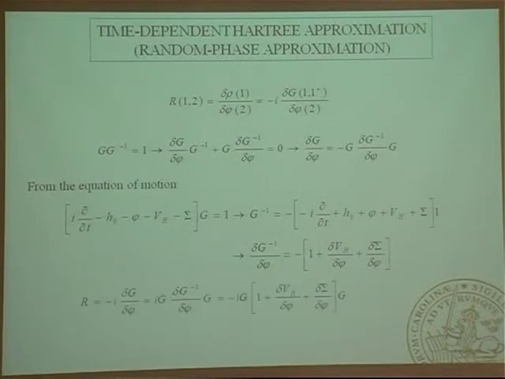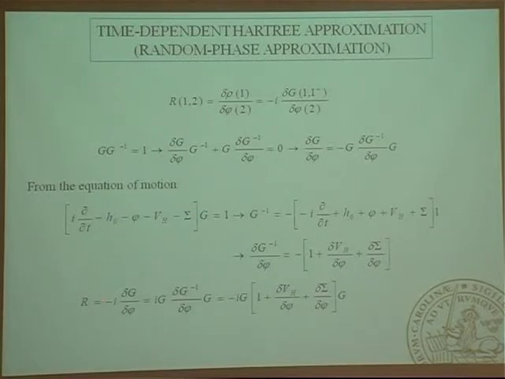Now we go back to the response function here. All we have to do is use this expression and plug this result into that one, and we get the following result.